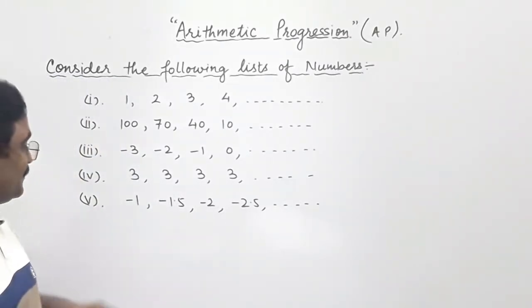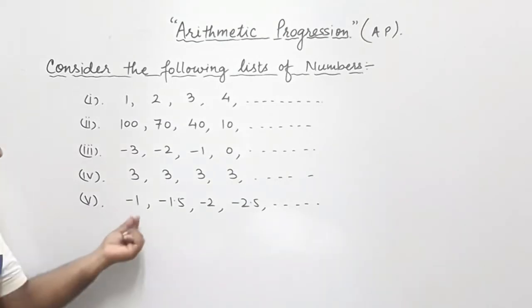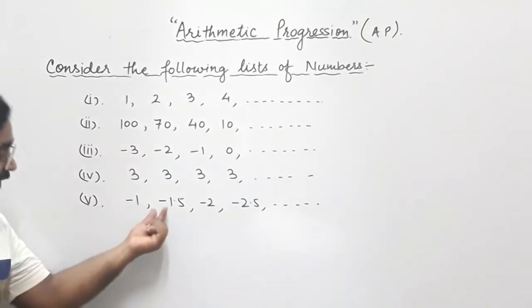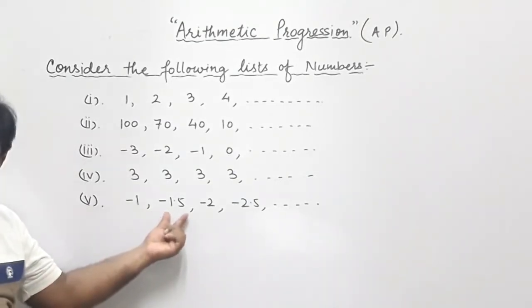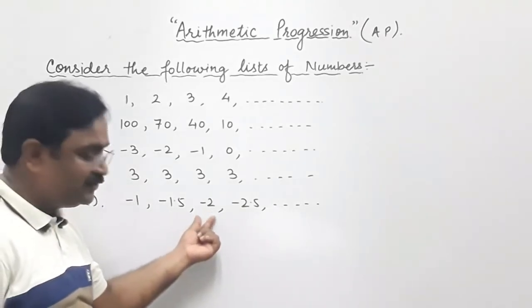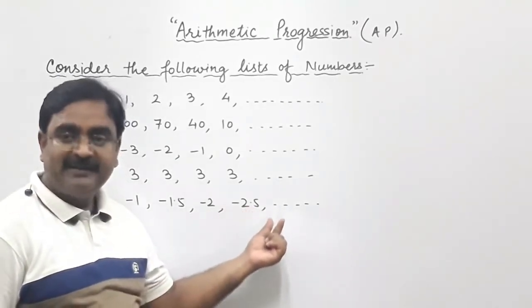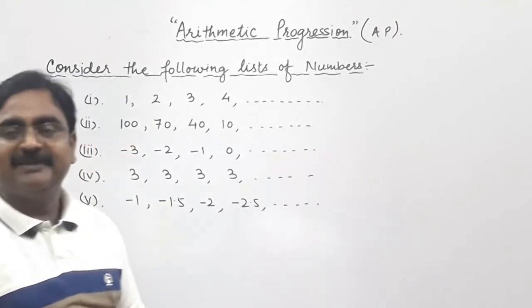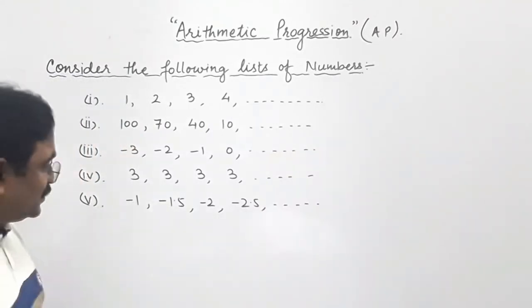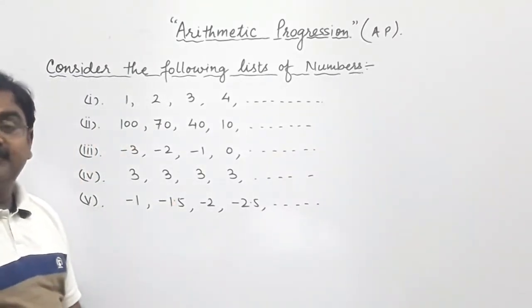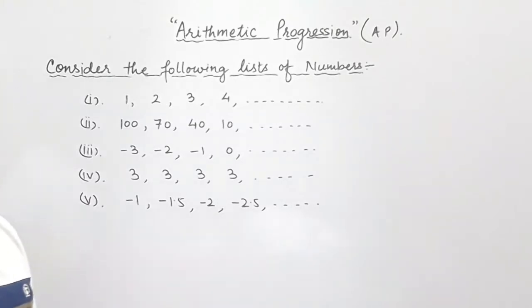So this is, see the next example: minus 1, minus 1.5, minus 2, minus 2.5, etc. The patterns are given. Let us observe these patterns and understand what is happening in this series and how to find its next term.